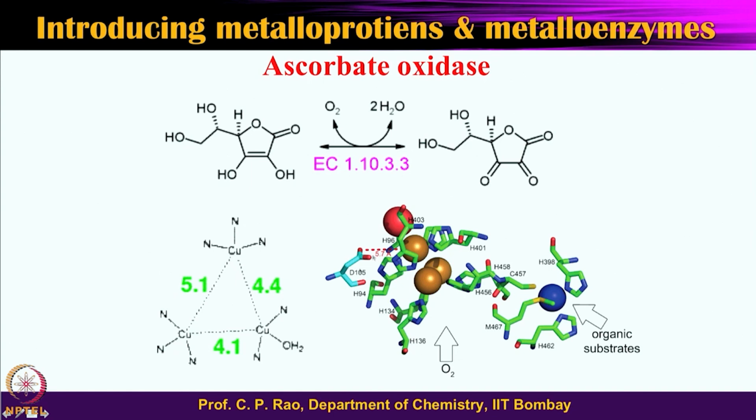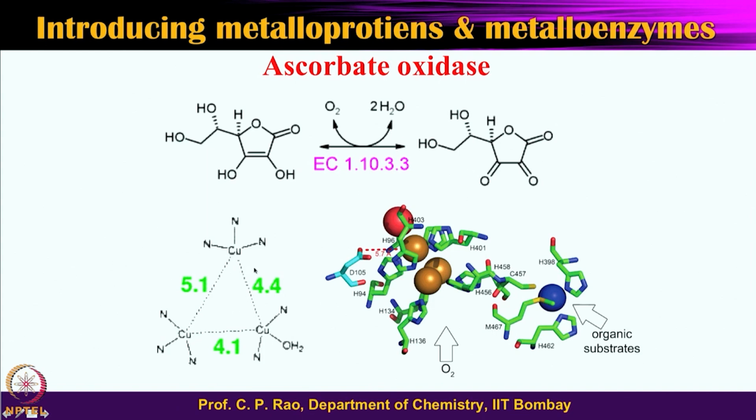Now you can see the kind of copper centers here, you have 2 other copper centers here and one is this one. These are your type 3 and type 2, and they are roughly within this kind of triangular shape.